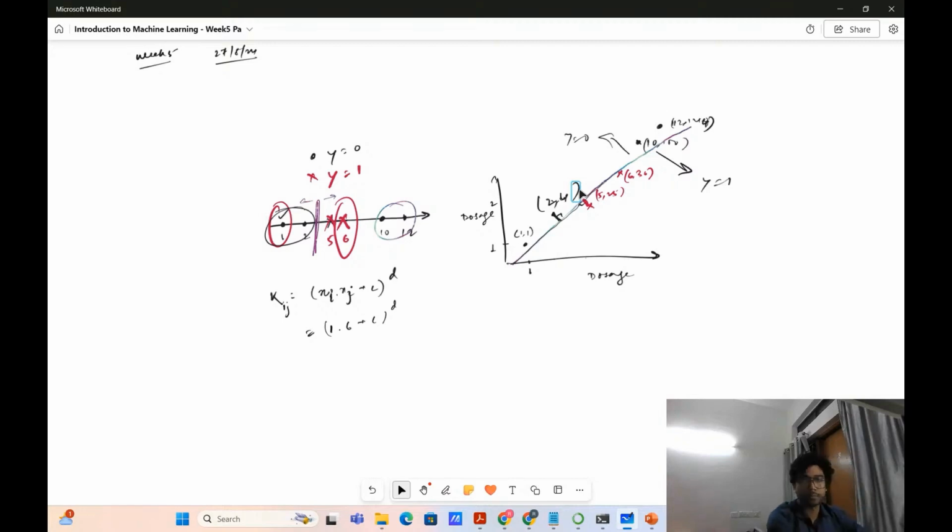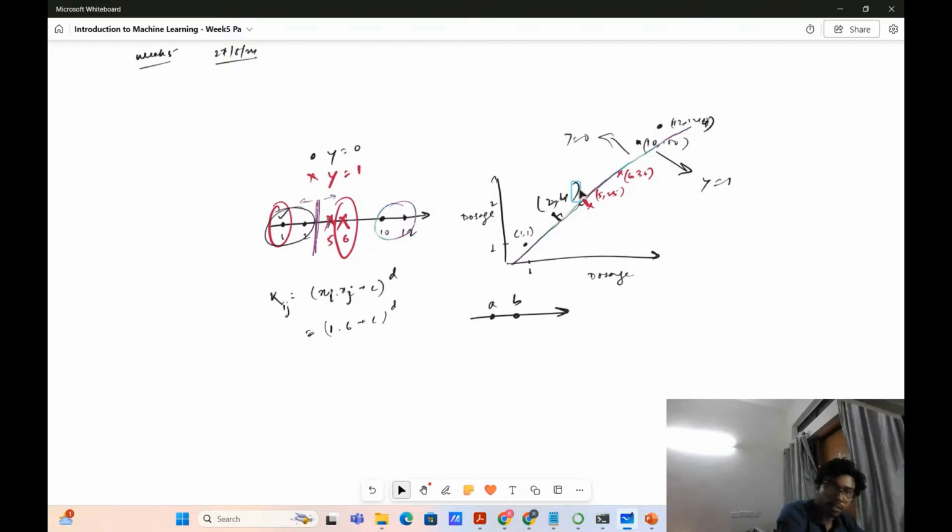Now, let me explain through an example how this kernel function does this. Let's say you have two values of dosage. One is A, one is B, right?